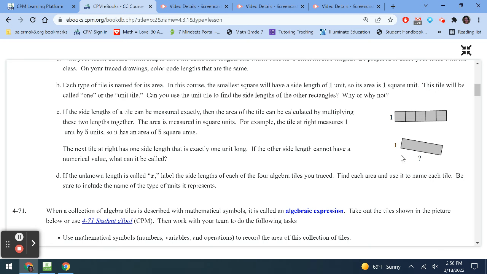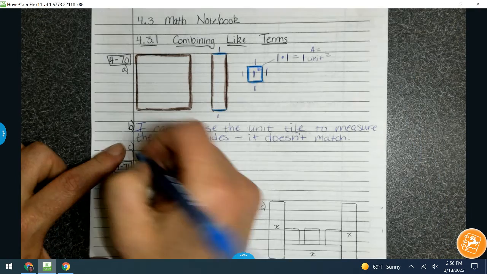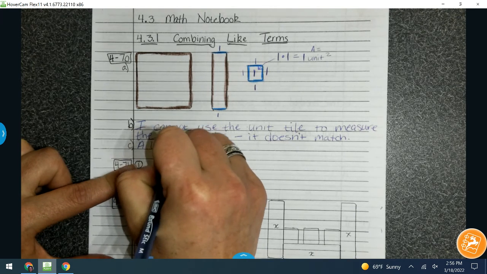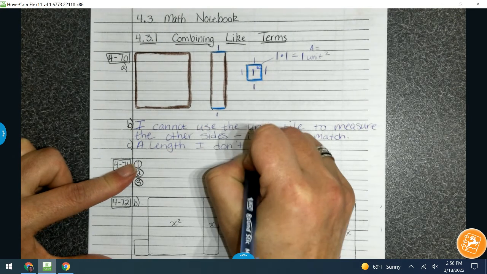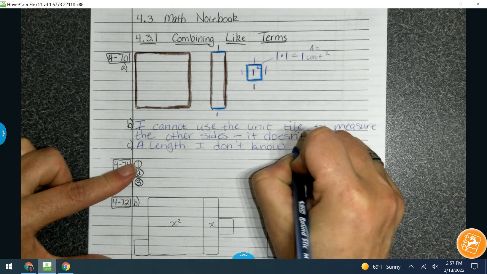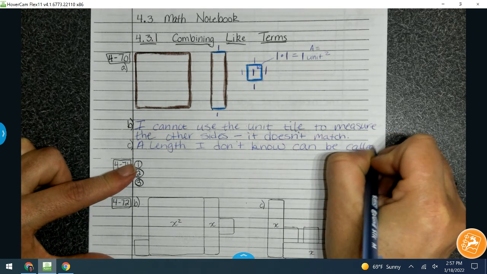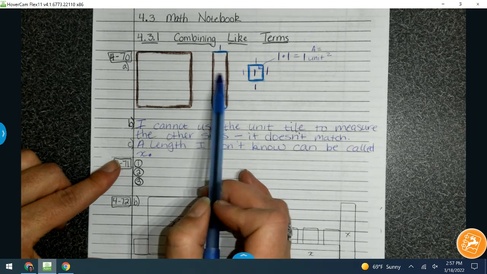So if we don't know what this is, and it can change or vary, we're going to call it a variable. My favorite variable in the entire world is X. So for this one right here, a length can be called X. So I'm going to go ahead and label those now.